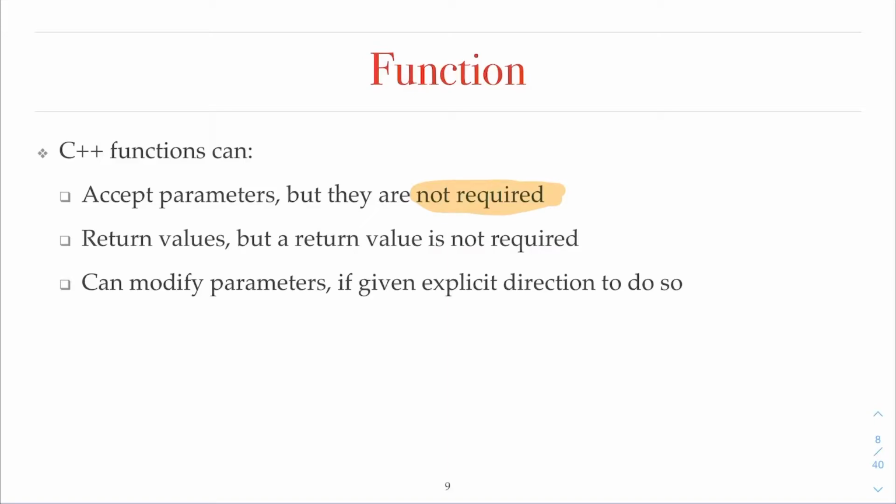You may want to return some value from your function, but you can also ignore it. If you don't want to return anything, that's just fine. It's also not required. And you can modify some parameters inside your function, yes, of course, and we will talk about that part in just a moment.